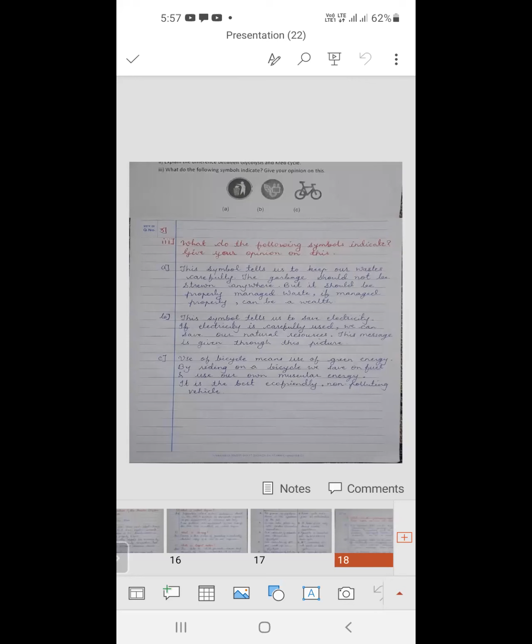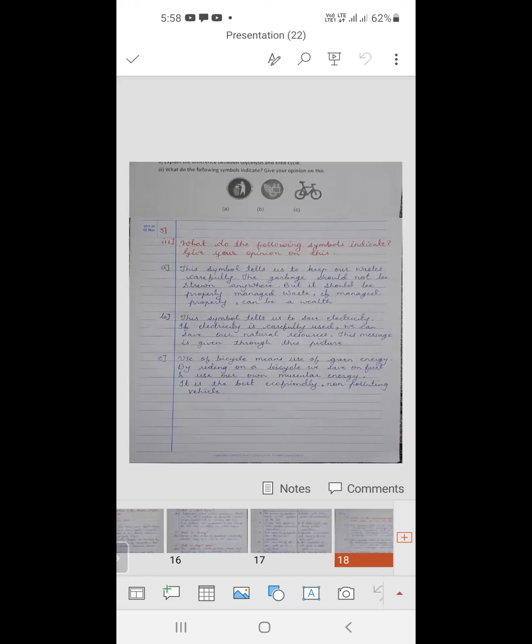Next one, B. This symbol tells us to save electricity. And if electricity is carefully used, we can save our natural resources. This message is given through this picture. Next one, C. The picture of a cycle is given.